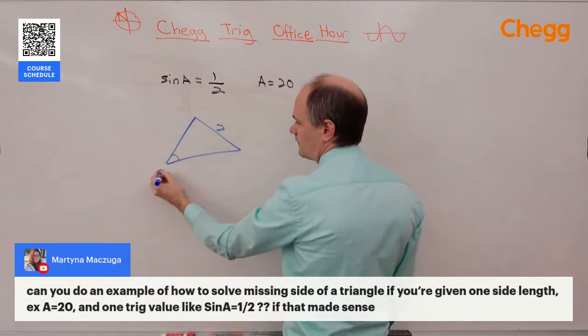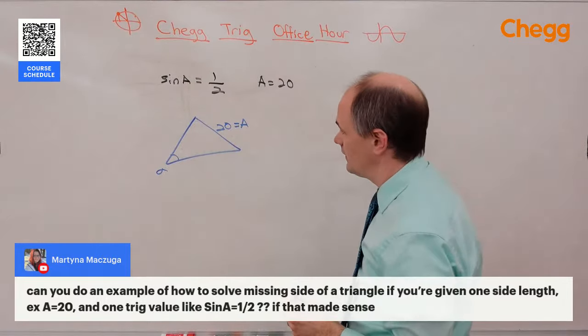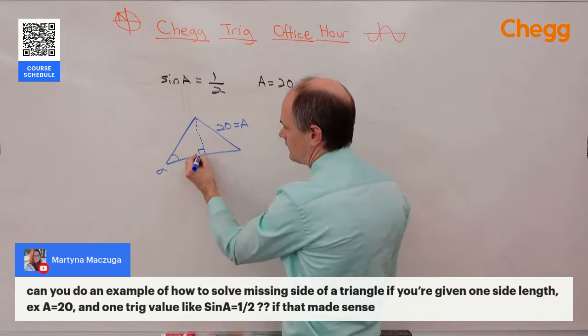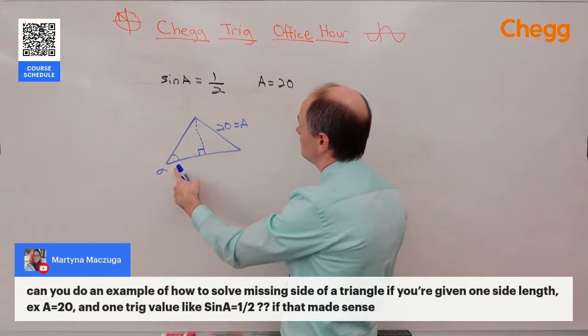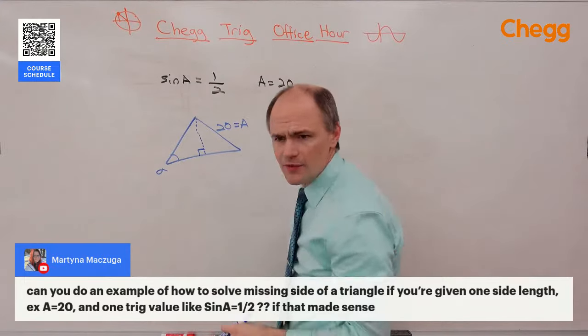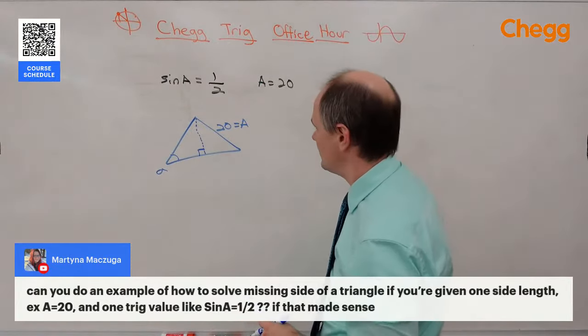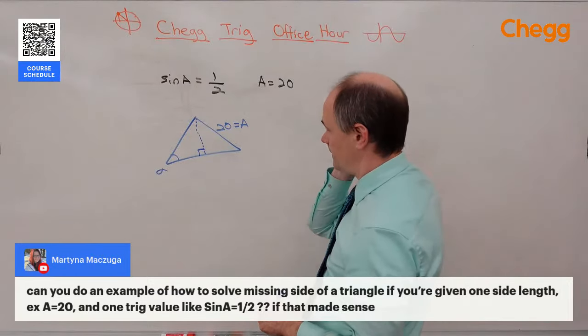So lowercase a, 20, is equal to this side opposite A. If I were to make a right triangle here, the sine of this angle, you have capital A for both of them. So I'm a little thrown off about which one's which, but I think this is right.